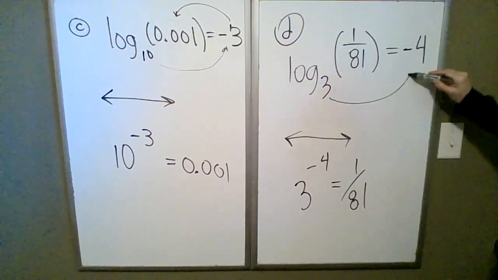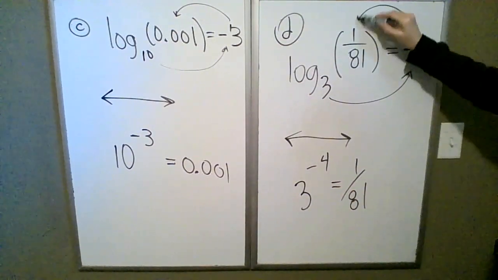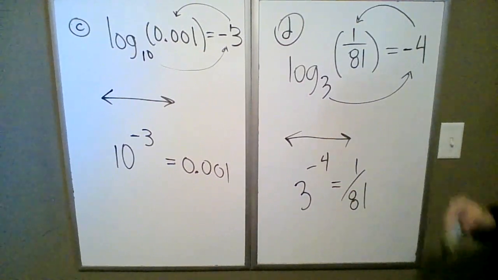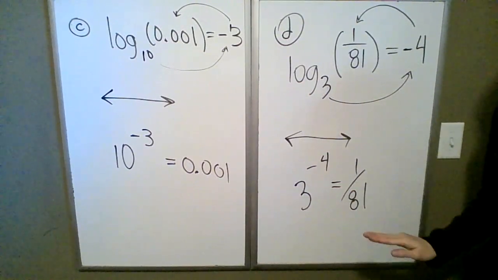Take the base, raise it to this exponent, set all of it equal to the argument. Okay.